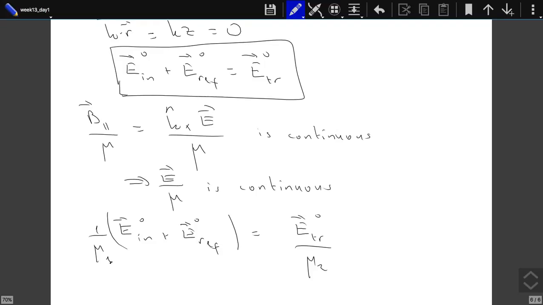I don't. k hat is not the same for all the waves. Because k hat is the same for the incident wave and the transmitted wave, they are both moving in the same direction, but k hat for the reflected wave is in the opposite direction. So that is why I have that minus sign between the incident and reflected waves.